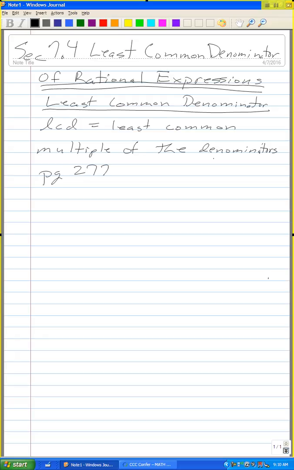Problem number, let's say 2. 2 over x and 3 over y. In exercises 1 through 20, find the least common denominator.